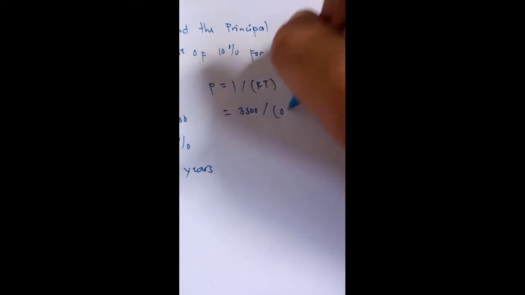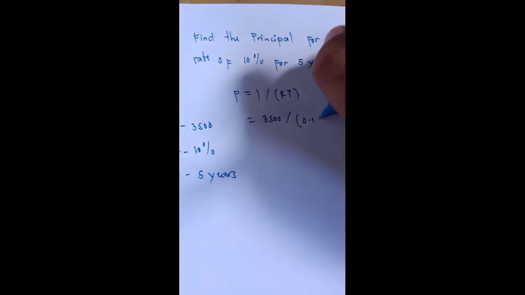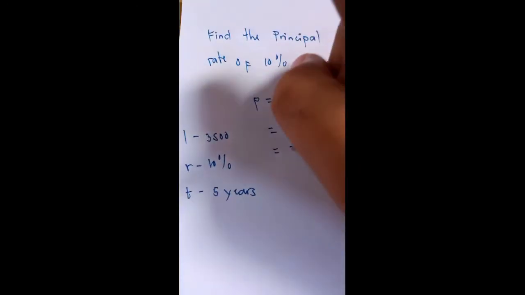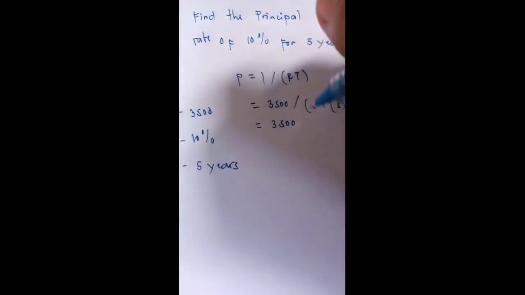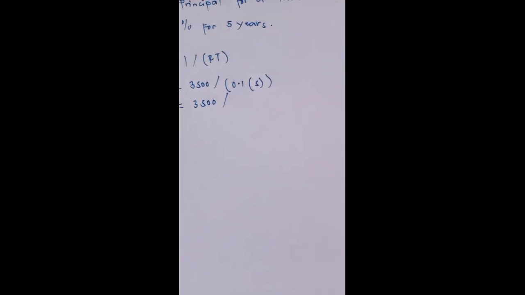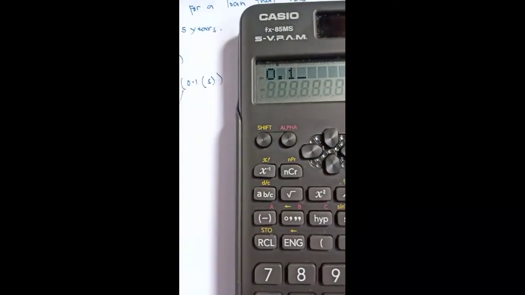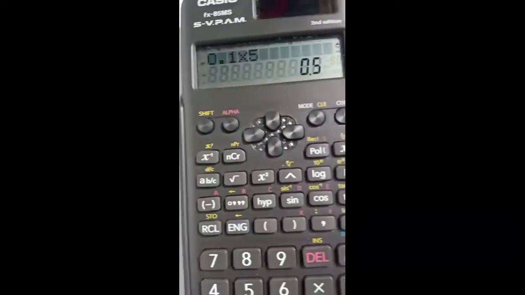So 3,500 divided by 0.1 times 5, that will be 0.5.